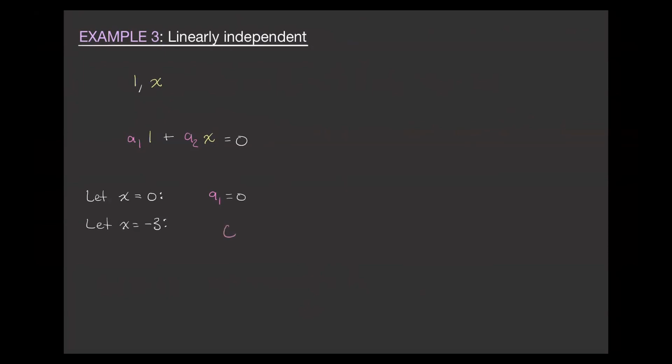And now you have 0, because a1 is 0, times 1, plus a2, which we're still trying to find, times, now this is -3. Setting that equal to 0 gives us -3a2 equal to 0. And of course, that means that a2 has to be equal to 0.